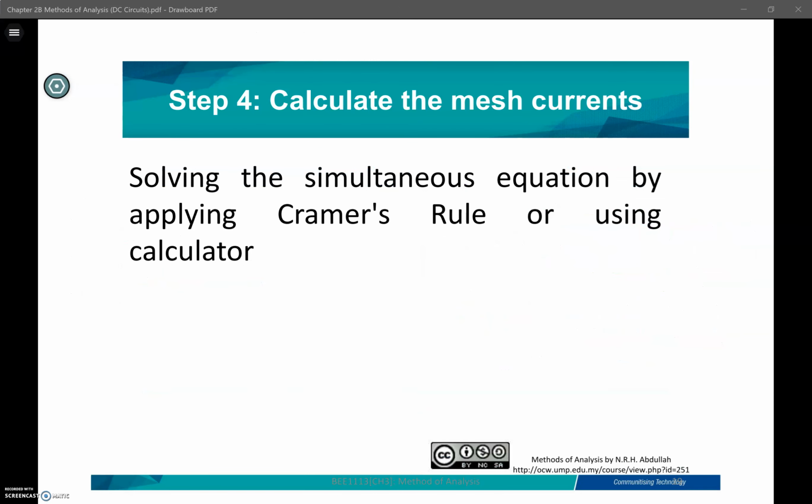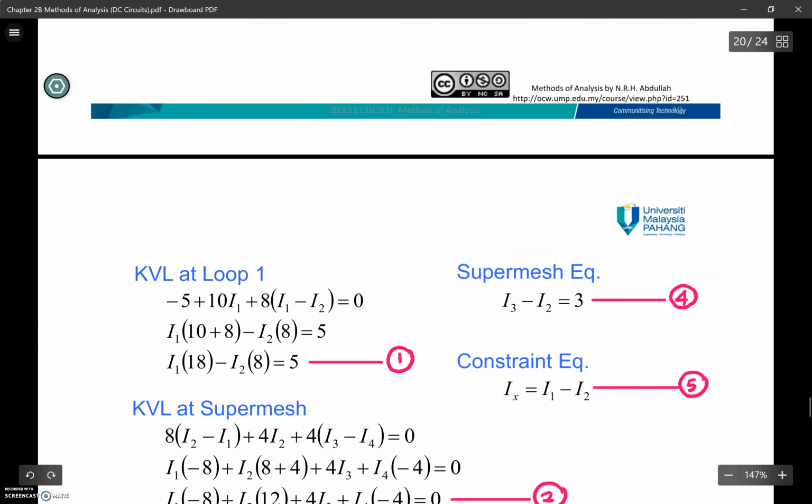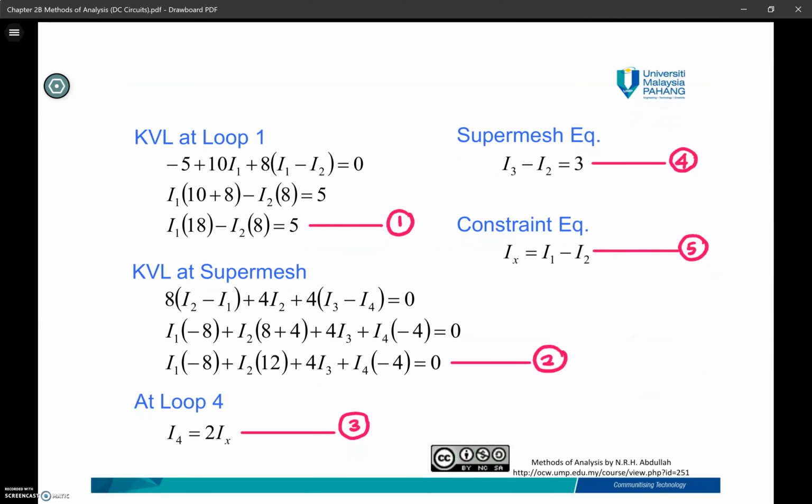Then step 4, calculate the mesh currents, solving the simultaneous equations by applying Cramer's rule or using a calculator. So these are the equations: 1, 2, 3, 4, and 5. And then you have to group the equations, grouping the I1 group and then the I2 group, and make them into simple equations.